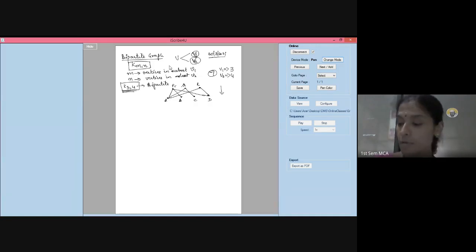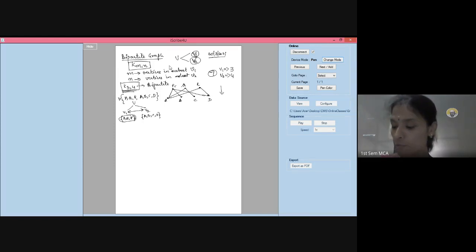Now, what is a bipartite graph? I said you are dividing the entire set of vertices into two subsets. So what is the entire set of vertices? V is P, Q, R, A, B, C, D. This is the set of vertices, V. Now this V, I have divided into V1 and V2, where V1 contains P, Q, R, and V2 contains A, B, C and D. All the edges, if you observe, are between V1 and V2.